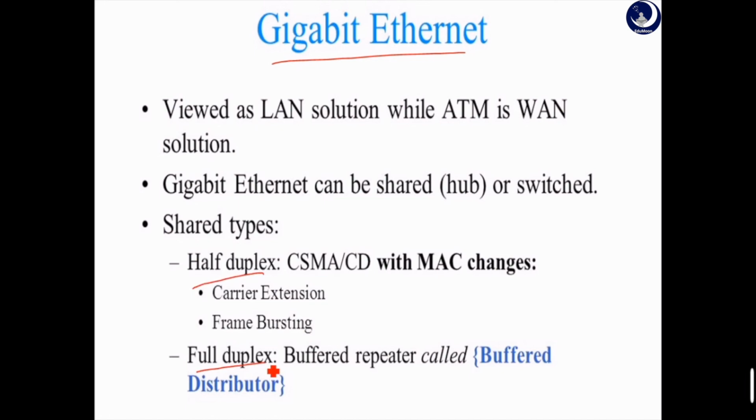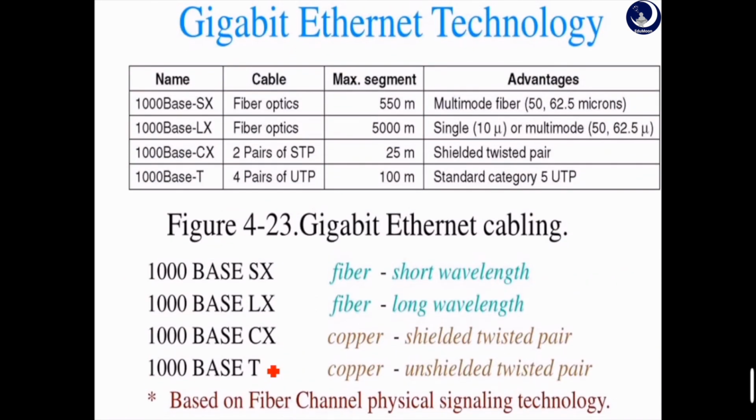One is carrier extension, which tells us how to add its own padding. The next is frame bursting, which allows the sender to transmit a sequence of multiple frames in a single transmission. And these are of four types: 1000Base-SX, 1000Base-LX, 1000Base-CX and 1000Base-T.